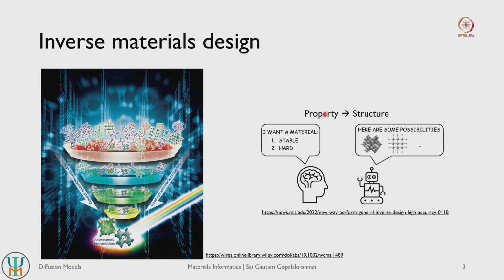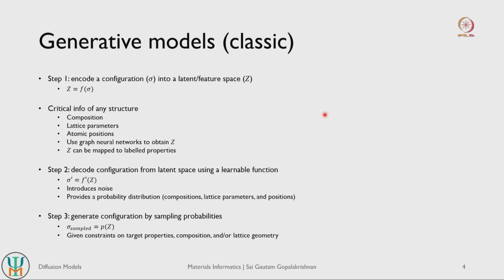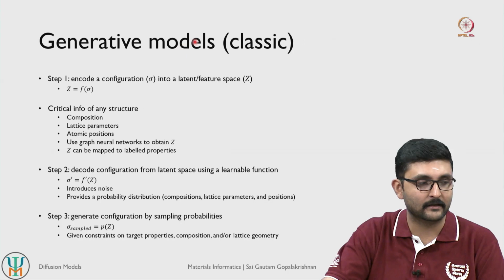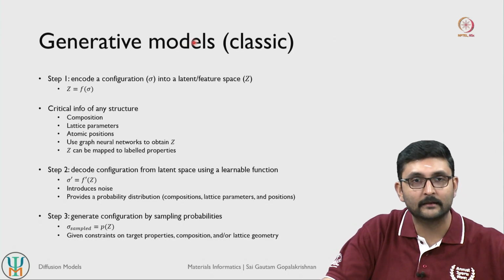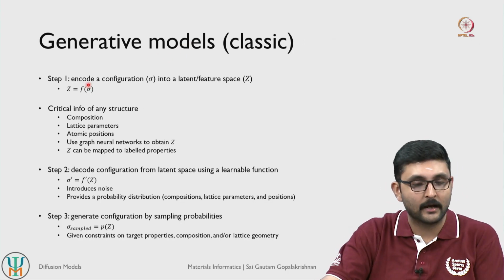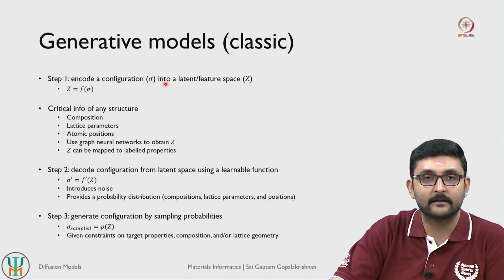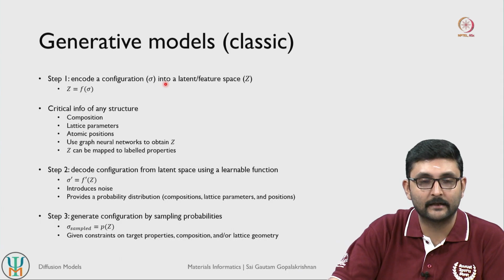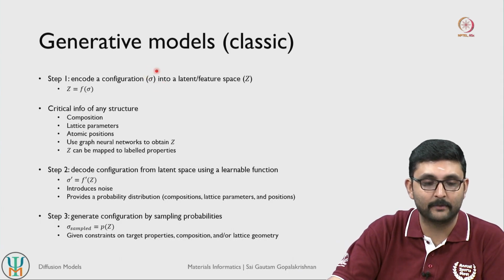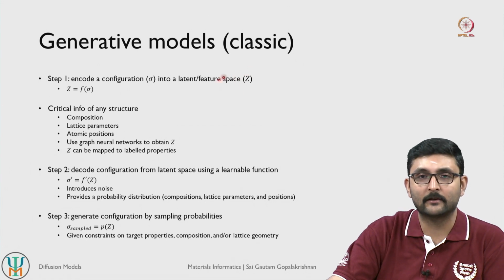So, let us look at how that is done typically. If you look at generative models in general, the classical way that they function is this: let us say you have a configuration of parameters or features. They basically encode those configurations into a latent space or a feature space.